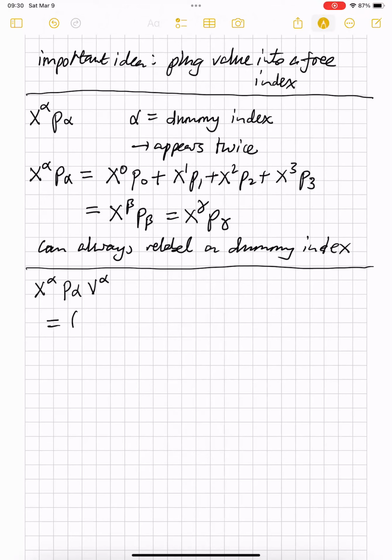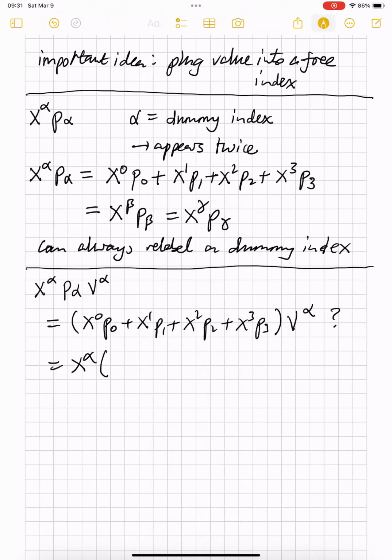So perhaps this is x0 p0 plus x1 p1 plus x2 p2 plus x3 p3 times v alpha. Or maybe I should be summing the second pair of indices, where I've got one index up and one down. So this is what I would get.